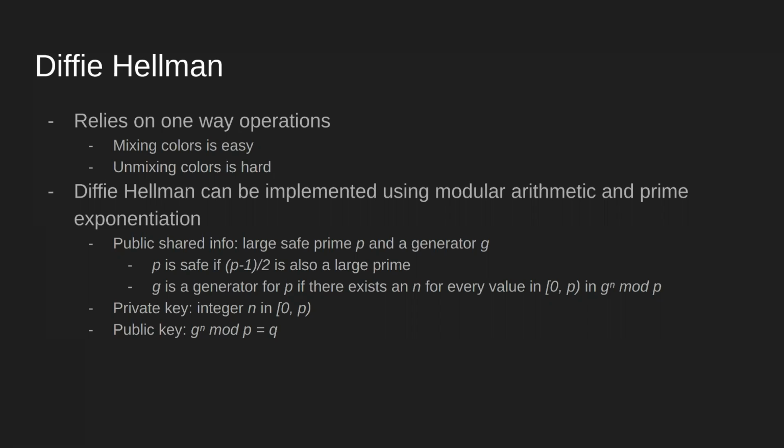There are some attacks, I think the Logjam attack, that can allow you to do the discrete log faster when your prime p is not safe. Safe prime is the name for the prime in that form.